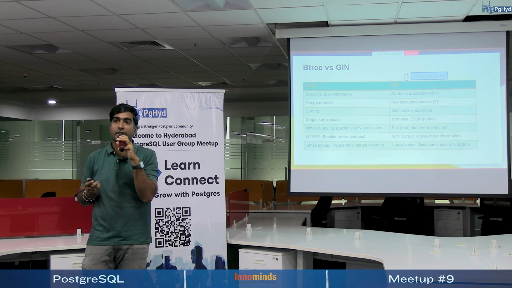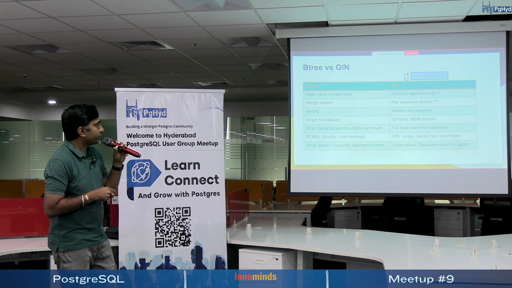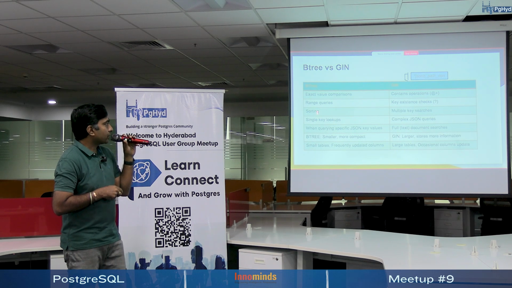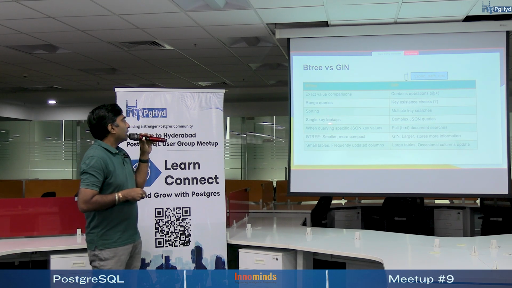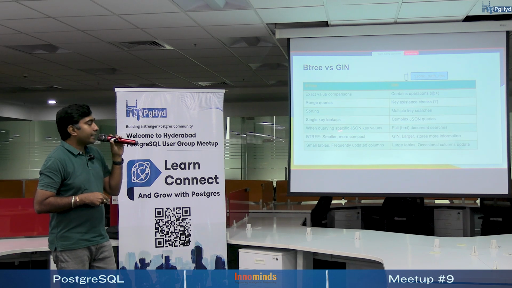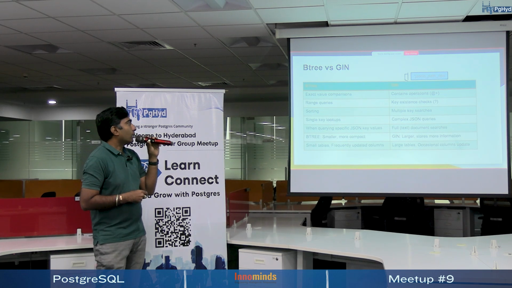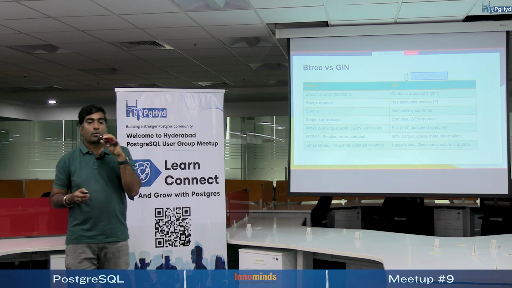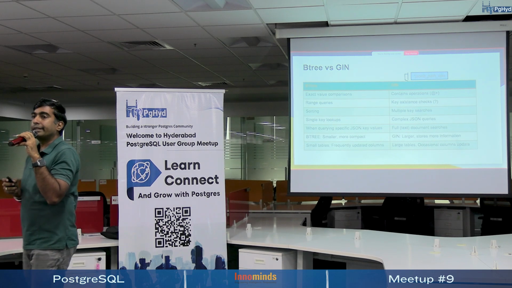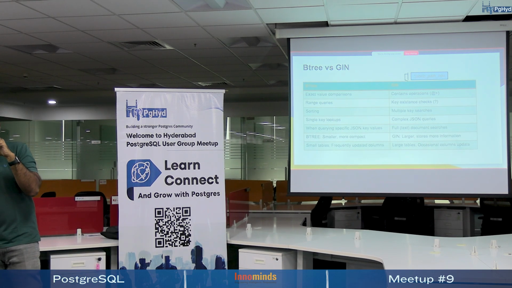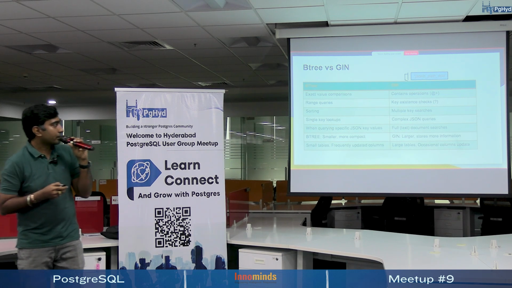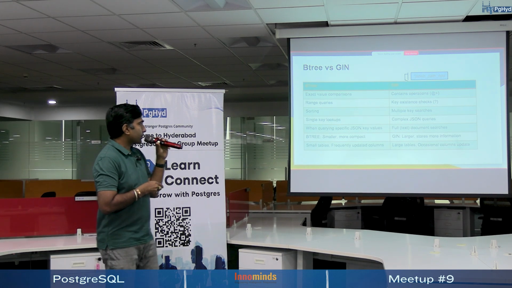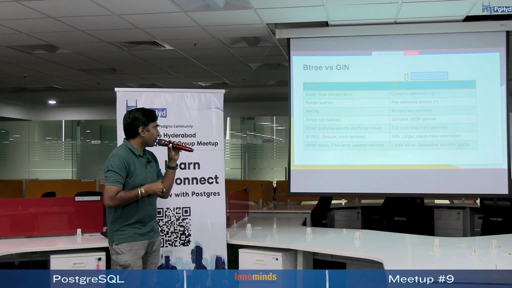The range is nothing but the between clause. If you happen to use the between clause, go with the B-tree index, and for sorting, single key lookups and any key values. So if you happen to query data which does not have any hierarchy level in structure or nature, then just go with this option, B-tree.